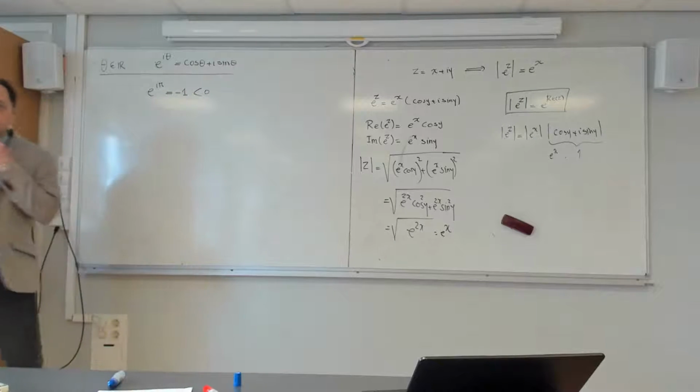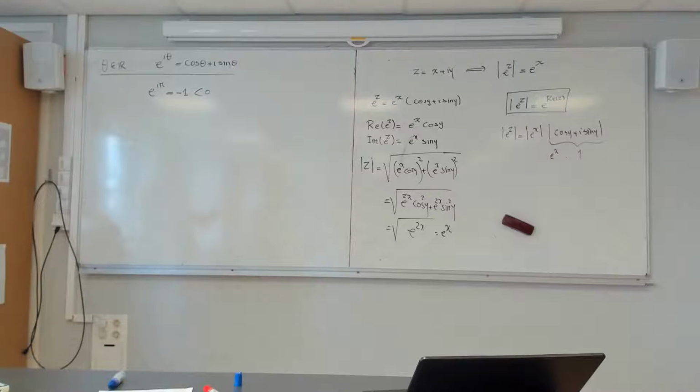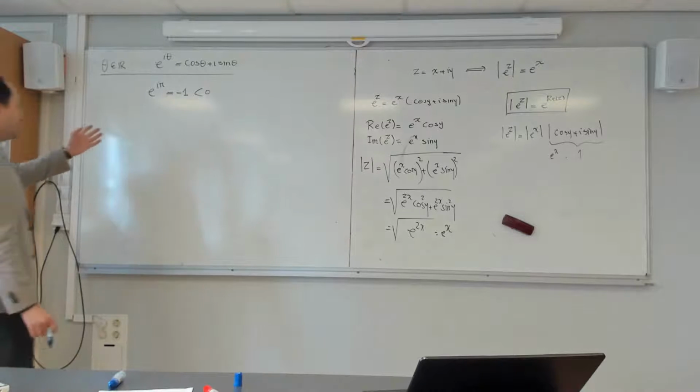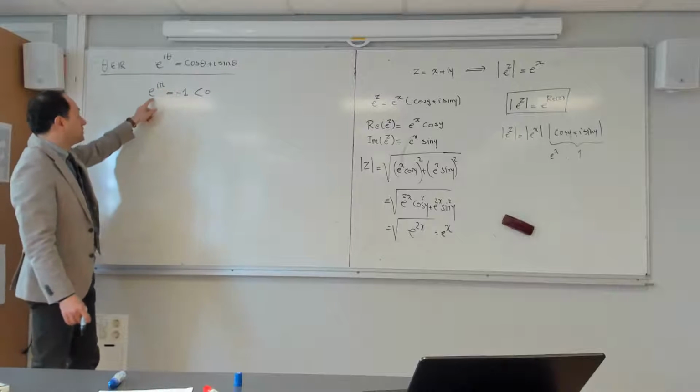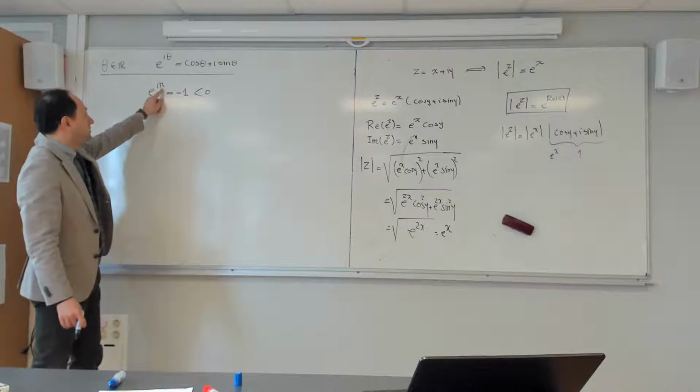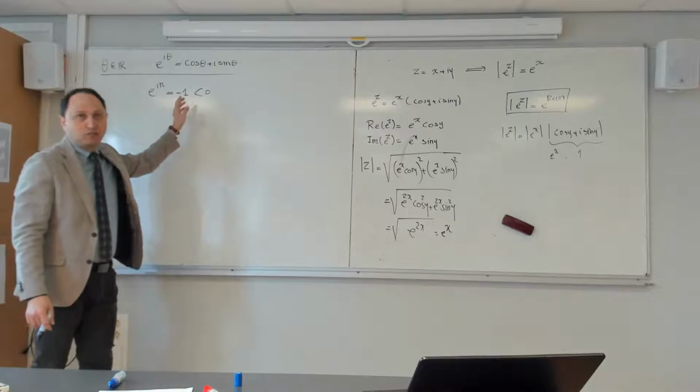That's negative, yes? So in the real numbers, if I have e to any power, even if the exponent is negative, the answer is positive. But in the complex numbers, don't think that exponential functions should always be positive. No, for some exponential functions, depending on the exponent, you might get a negative number at the end.